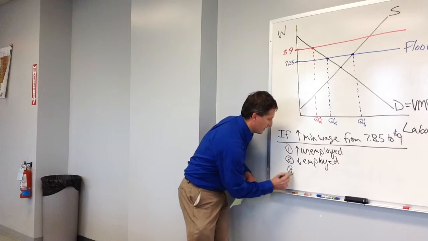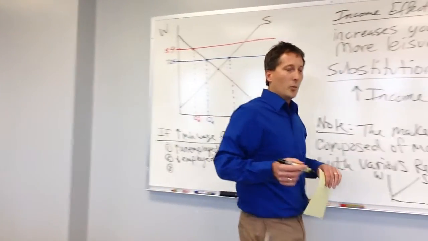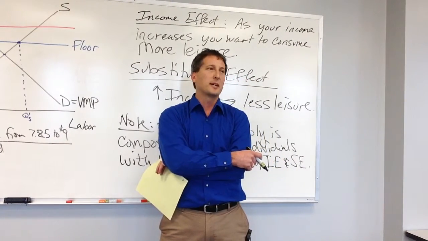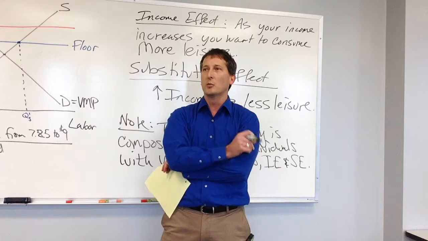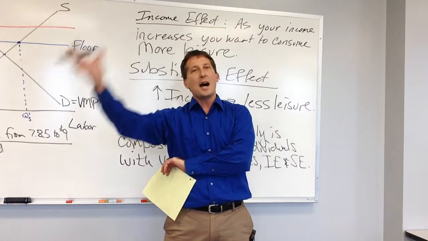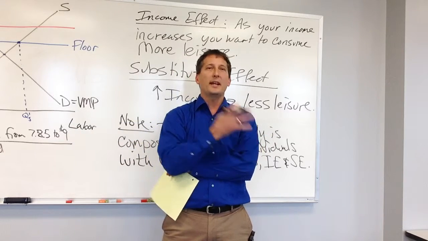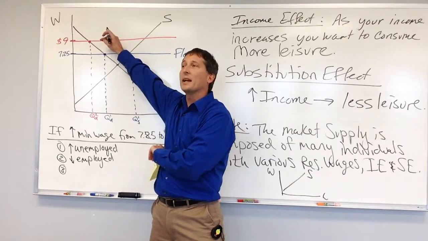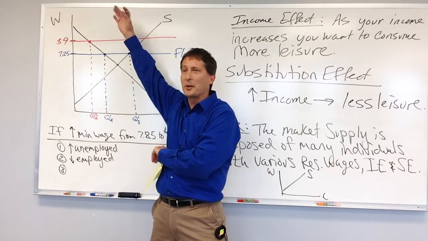And now I really want to push you. What do places like McDonald's and fast food places and other places that use low to no skill workers do over time if there's a jump to $9, and by the way, there's pressure for it to go all the way up to $15, right?